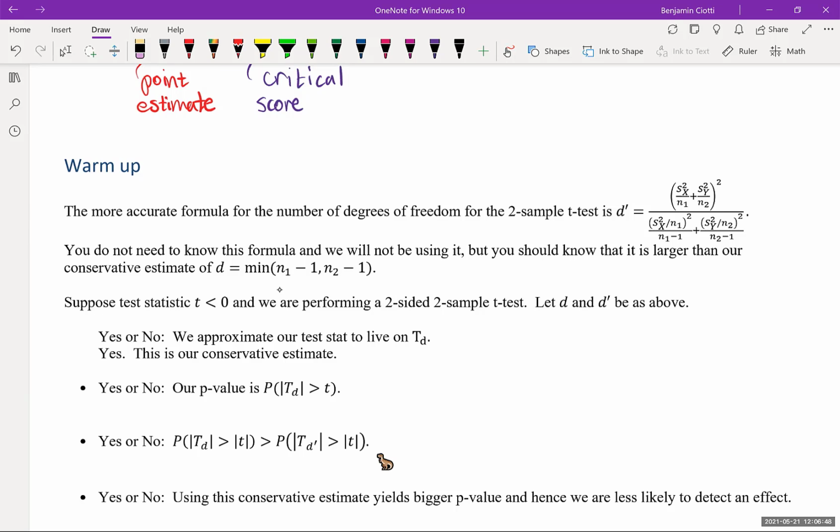Okay, so this one appeared to be a bit more controversial. T is negative, by the way. So the event that the absolute value of a distribution will be greater than a negative. Hey, actually, we can even say exactly what this is.